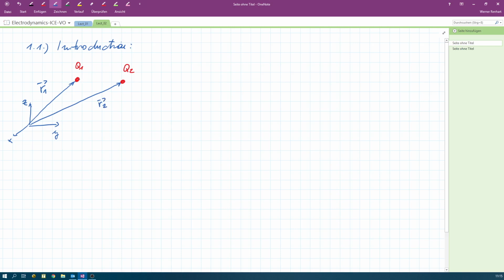And we have the separation vector pointing from 1 to 2, and we have the unit vector E12, in this case also of length 1, with E12 equal to R12 over the magnitude of the vector R12. R12 is called the separation vector.